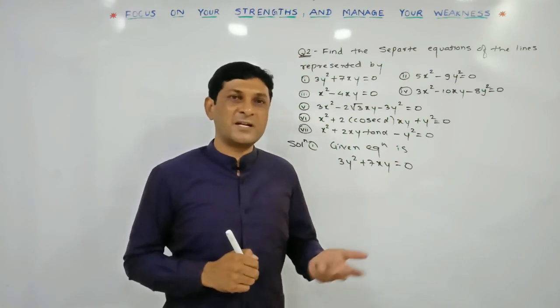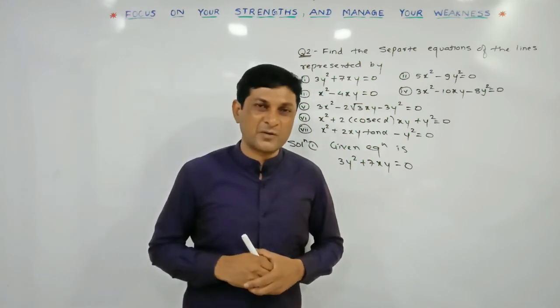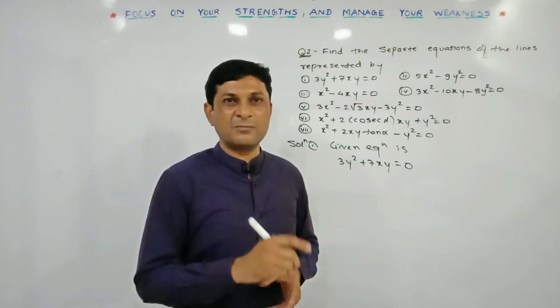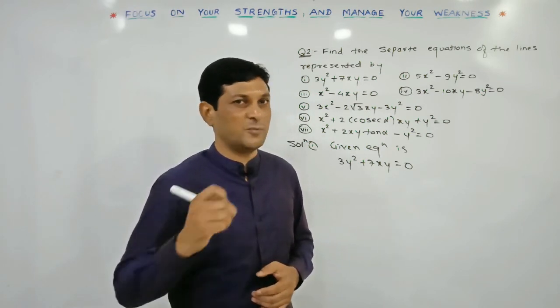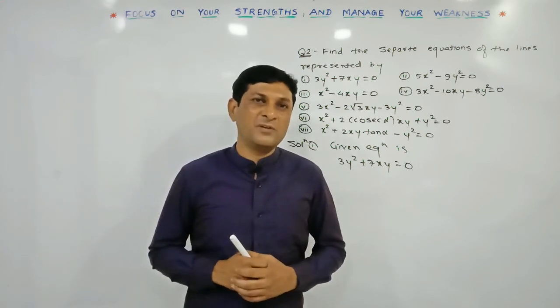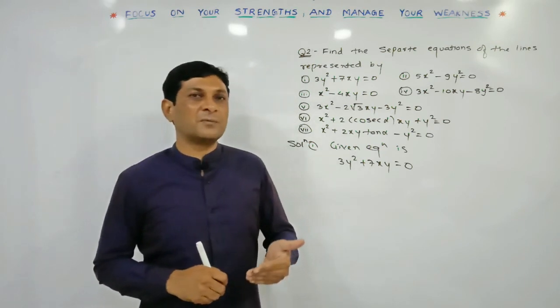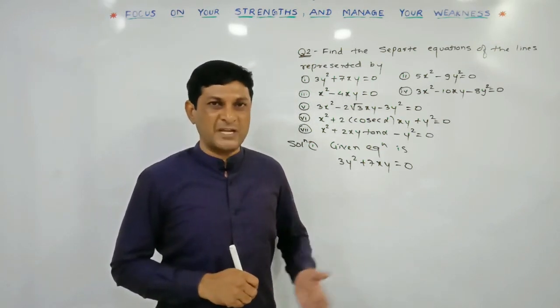While solving the quadratic equation also, you have studied in 10th standard, our first priority is the factorization method. If factorization method is not applicable, at that time we solve the equation applying the formula. Here also we will have one formula to find out separate equation of line, but we will apply that method if factorization method is not applicable.